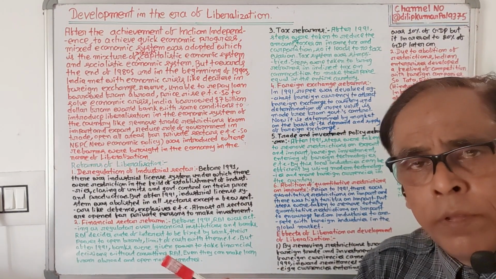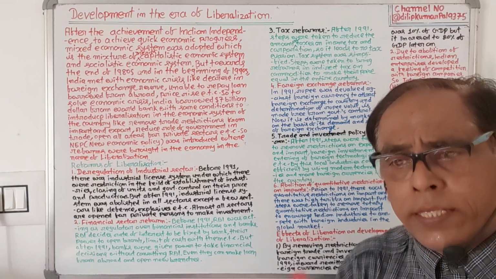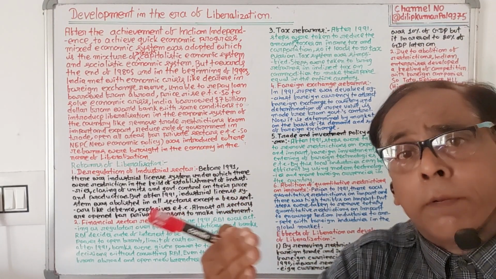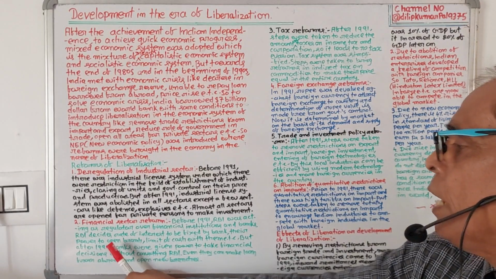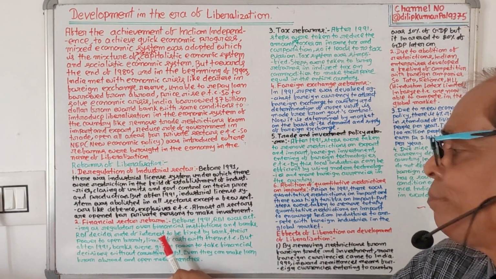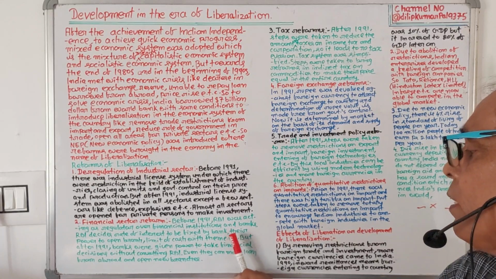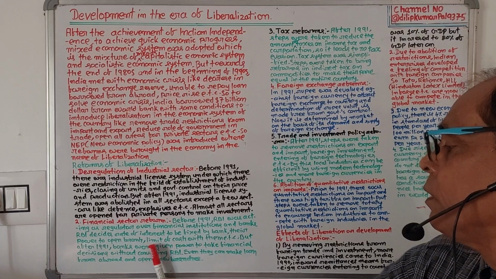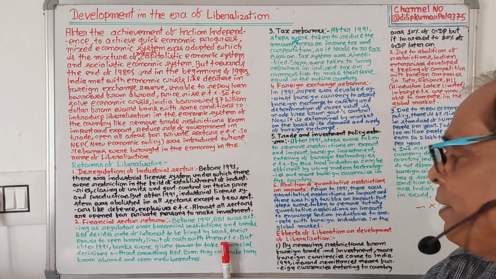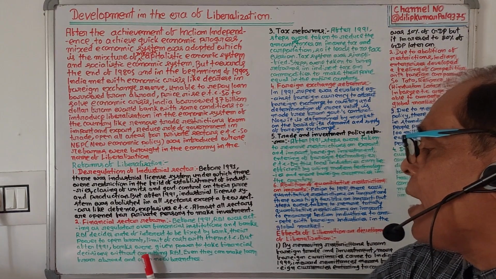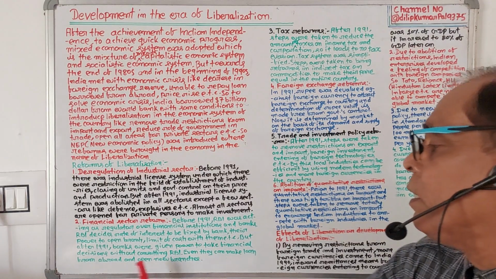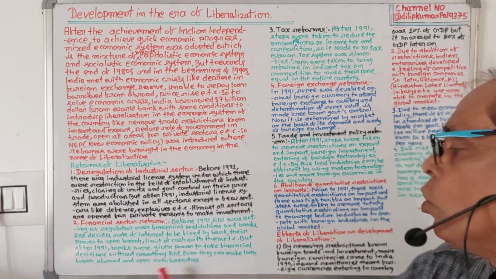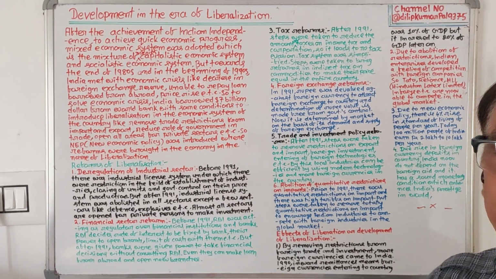RBI decided the rate of interest to be fixed by banks, their power to open accounts, their power to open branches, limit of cash with them, etc. But after 1991, banks were given power to take financial decisions without consulting RBI. They can even take loans from abroad and open new branches.